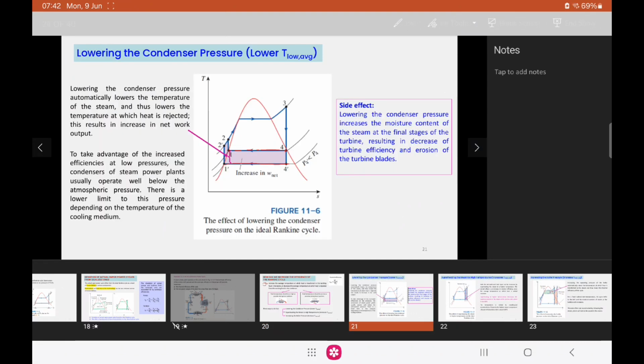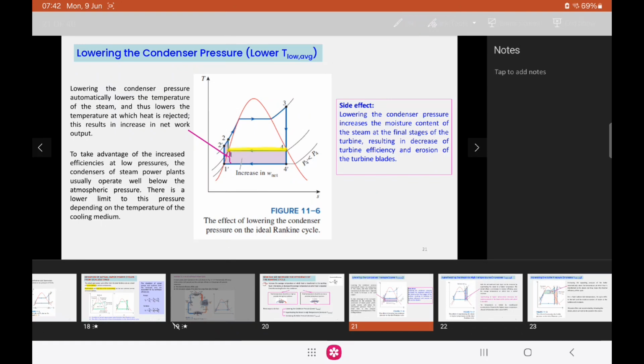So let's see what happens when we lower the condenser pressure. As you can see in the TS diagram that we have here, initially our condenser pressure is at 4, the one that I highlighted in yellow.